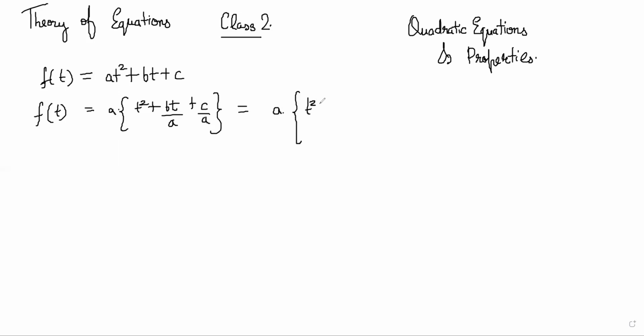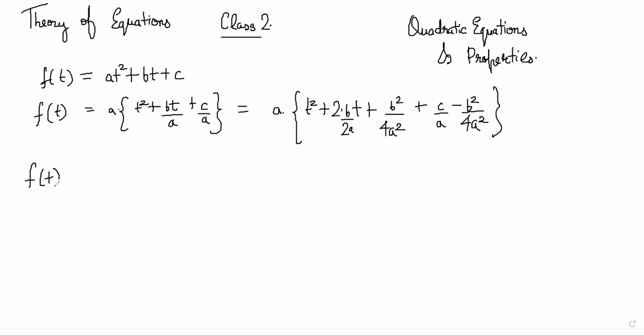So it will become t² + 2(b/2a)t + b²/4a² + c/a − b²/4a². And this gives us f(t) as a[(t + b/2a)² + (4ac − b²)/4a²].